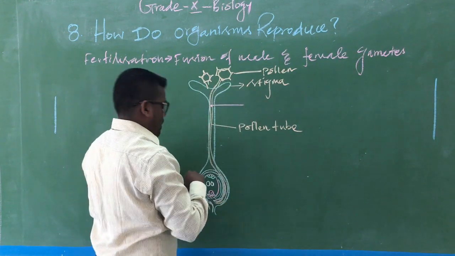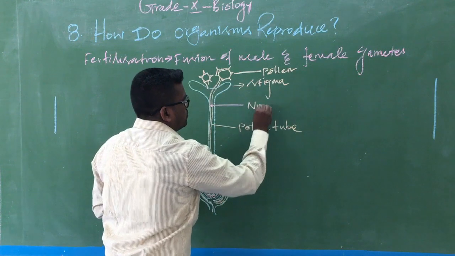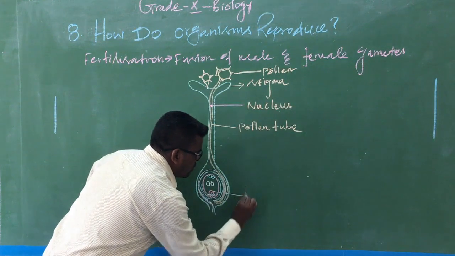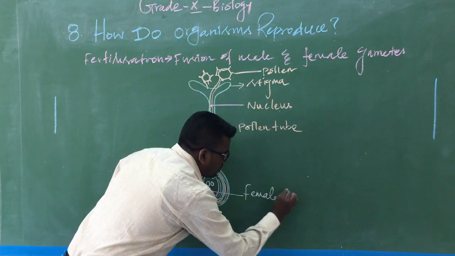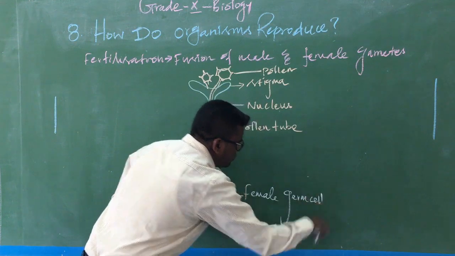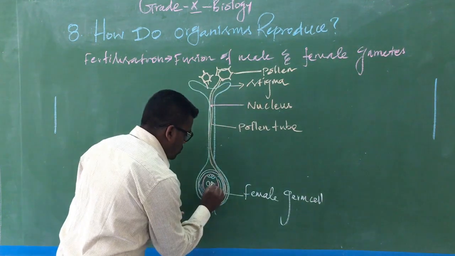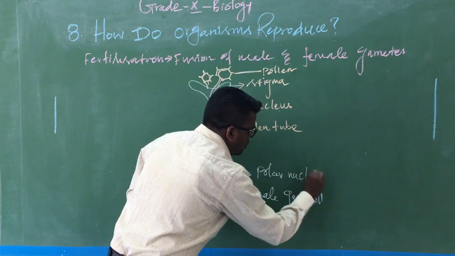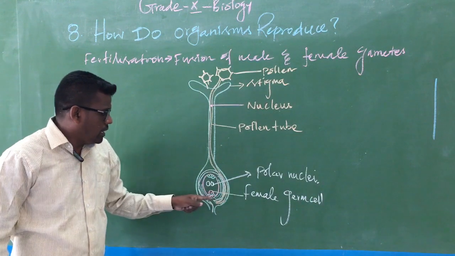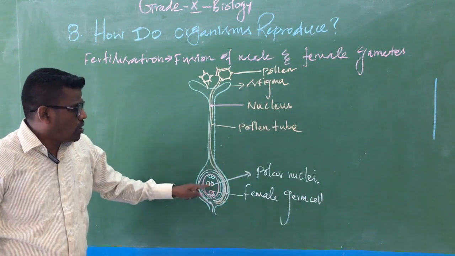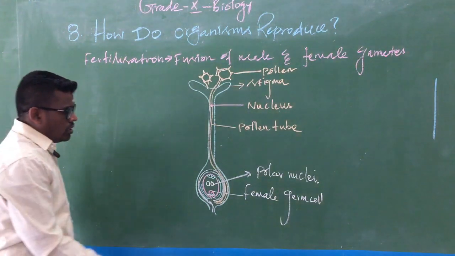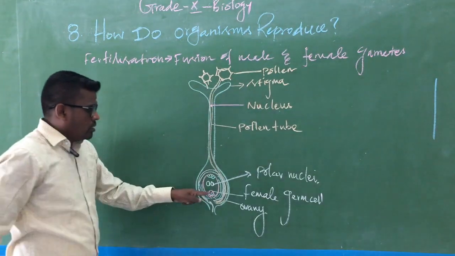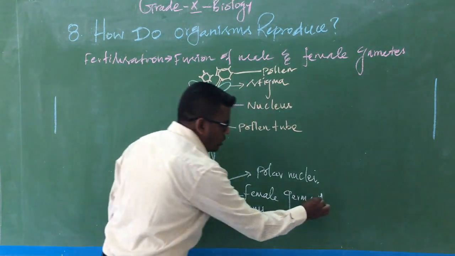Each male and female gamete has a nucleus. This is the female germ cell. These two are called polar nuclei. This is the ovary, and inside the ovary is the ovule, where the female germ cell is.